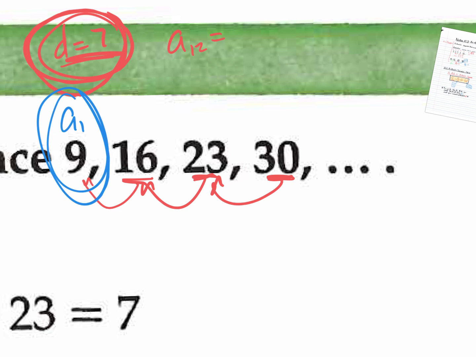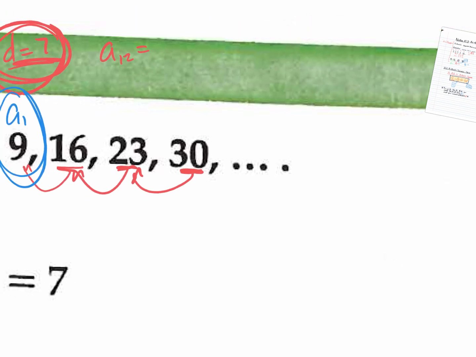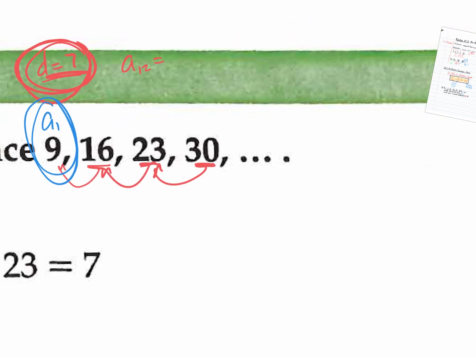Okay, so let's write down the formula that we are supposed to memorize by the end of this period. So the formula is a sub n equals, and by the way, a sub n is just a name, equals any sequence starts with your first term, a sub 1.